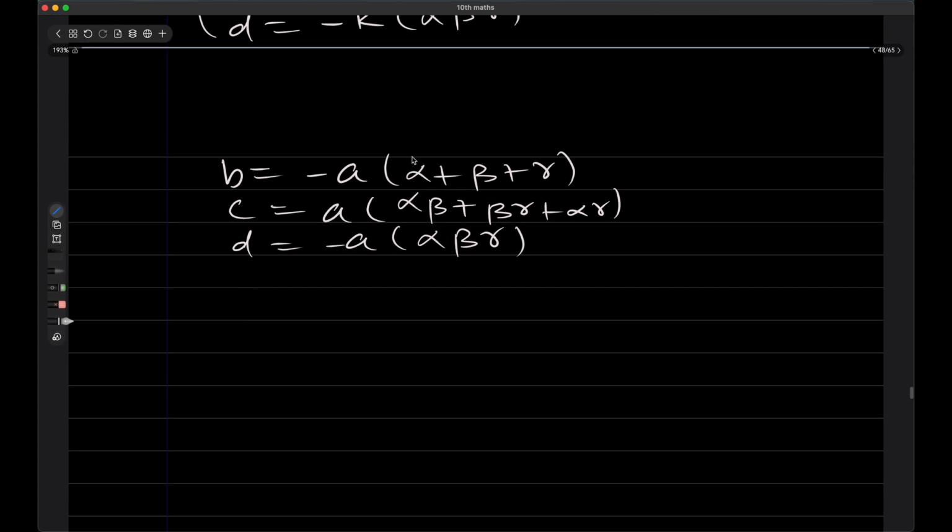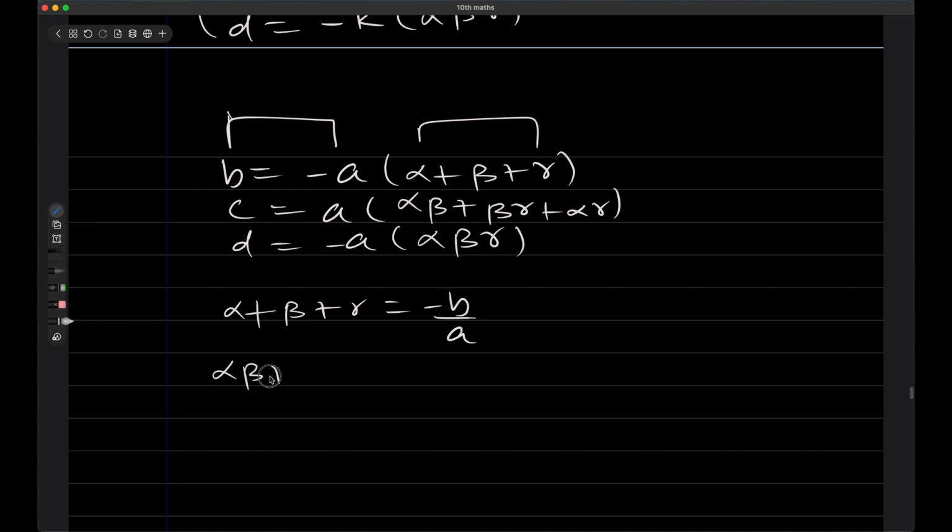We have the relationship between coefficients and zeros of polynomial, that is alpha plus beta plus gamma equals minus b divided by a, alpha beta plus beta gamma plus alpha gamma equals c divided by a, and we have alpha beta gamma equals minus d divided by a.